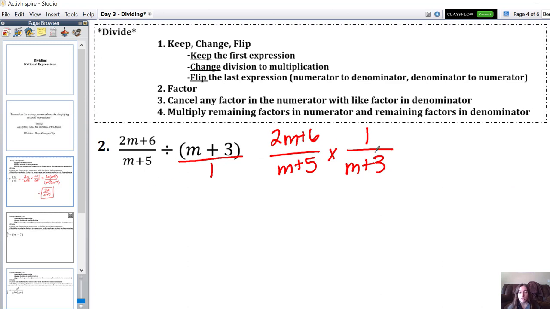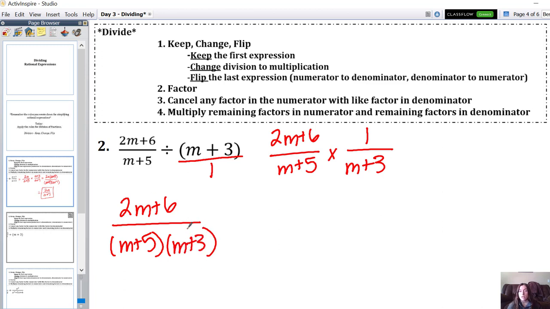Then we can multiply straight across. So we have 2m plus 6 times 1 over m plus 5 times m plus 3. Now right now it doesn't look like there's anything that we can cancel out, but we need to factor this numerator before making that final decision.